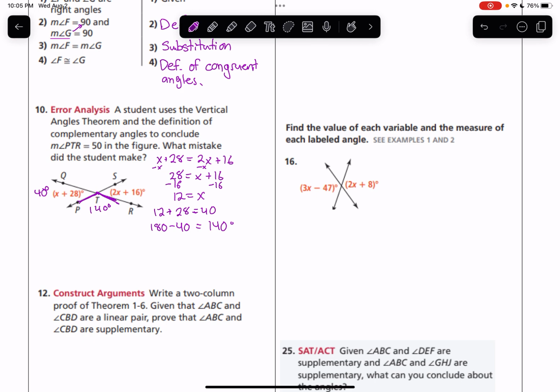So their mistake was they used complementary angles instead of supplementary. There you go.